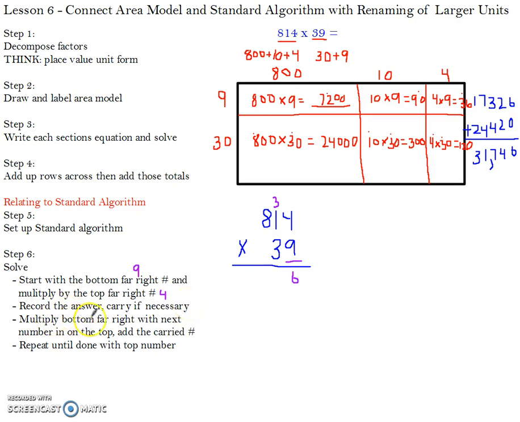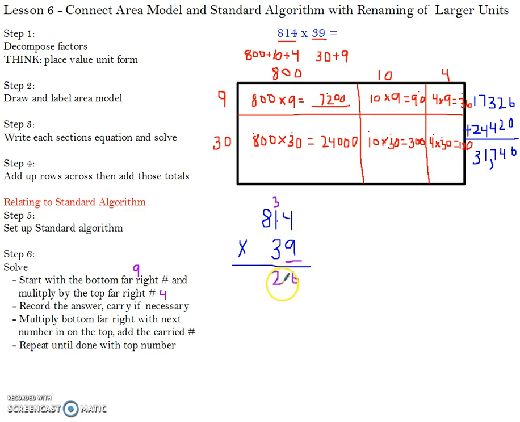Okay, so we record the answer and carry if necessary, and in this case we had to carry the 3. Next, we're going to multiply the bottom far right, so same number 9, with the next number in the top, which is the 1. So 9 times 1 is 9, plus the carried 3 is 12.